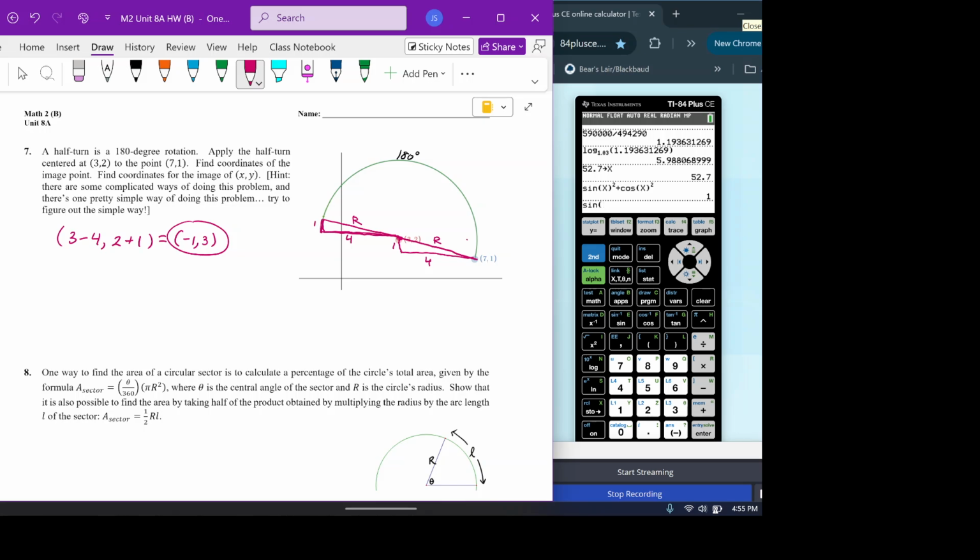The second part says, what happens to the image point (x, y)? For that one, let's pick a point like here, let's say (x, y). We'll go 180 degrees, so that means it'll be reflected down to here somewhere, if this circle kept going. This would be the 180.